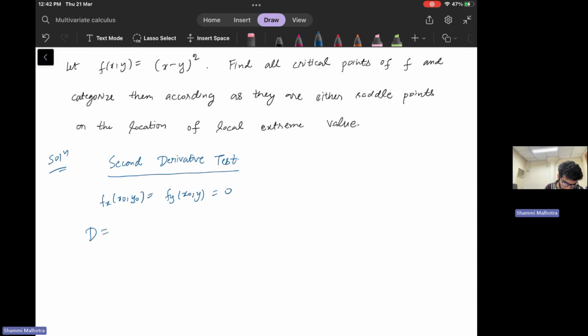Then we have this quantity D, which is fxx fyy minus fxy whole square, evaluated at x comma y equal to x naught comma y naught.